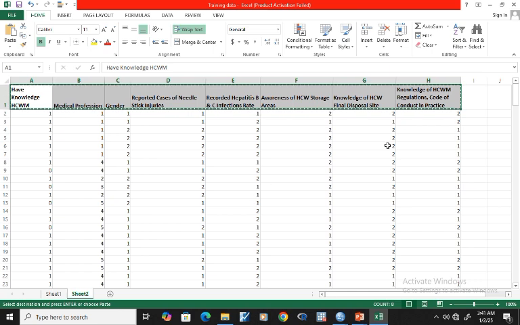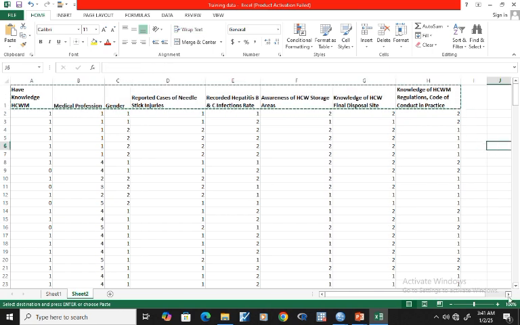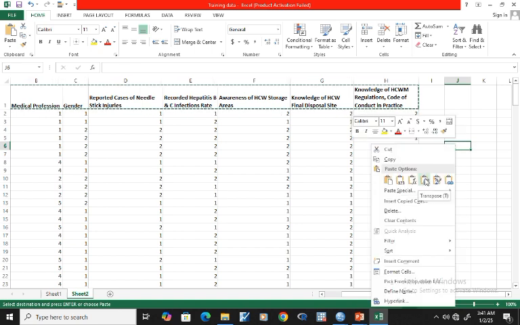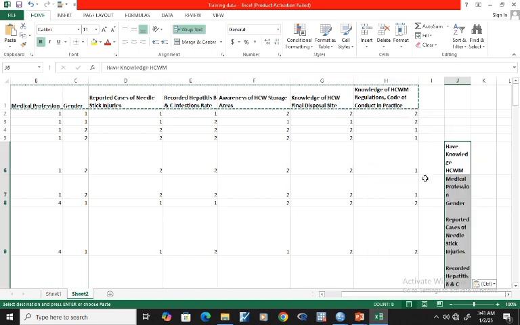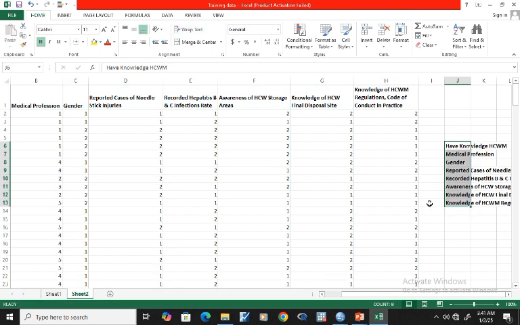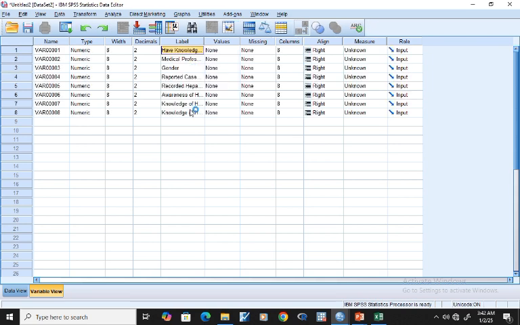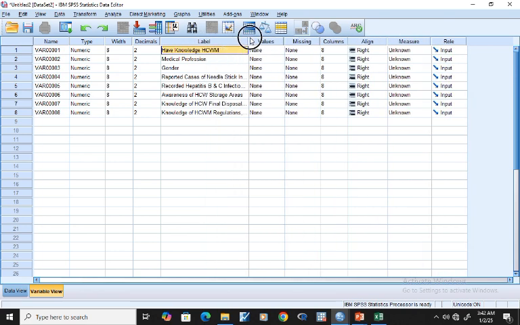What I will do is transpose it so that we have it on the vertical axis, and copy what's been transposed to the SPSS label section. That's our label section, and I paste. So we have this. These are all the variables we'll be dealing with.